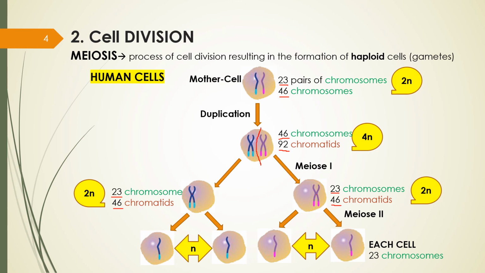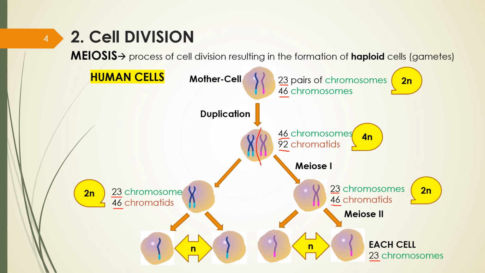So each cell is going to be 23 chromosomes. I don't call them chromatids anymore because I don't have a copy. Remember, I just call chromatid when it's a copy. Now I have just one copy of each chromosome. So I have 23 chromosomes in each cell, not 23 pairs. Look at the difference with the mother cell.